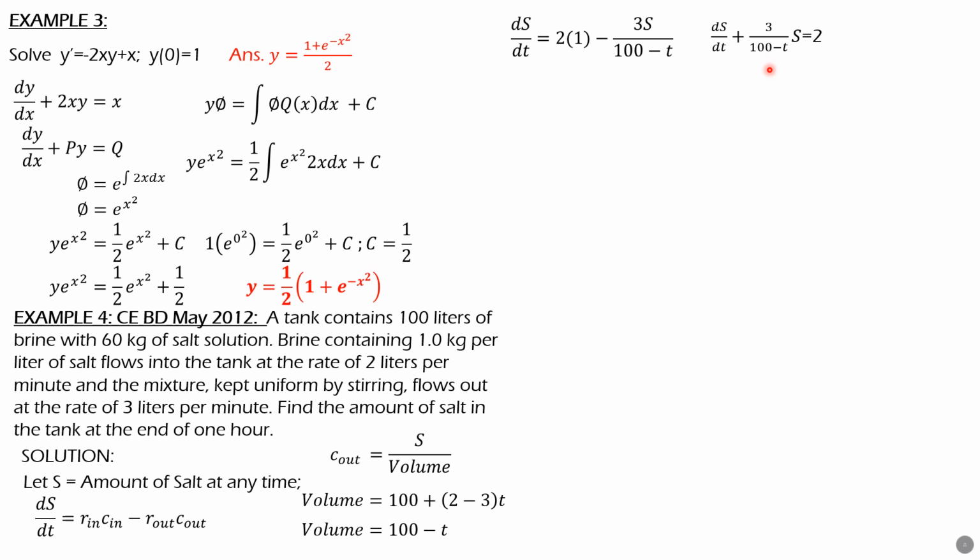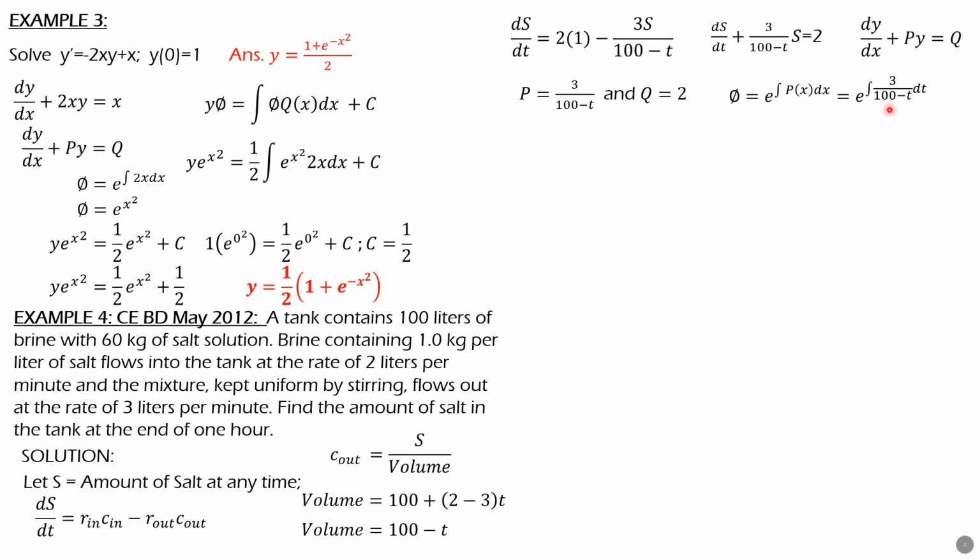So that would be e to the integral of 3 over 100 minus t dt. And that's p, that is q, 2. Then the integrating factor is e to the integral of 3 over 100 minus t dt.